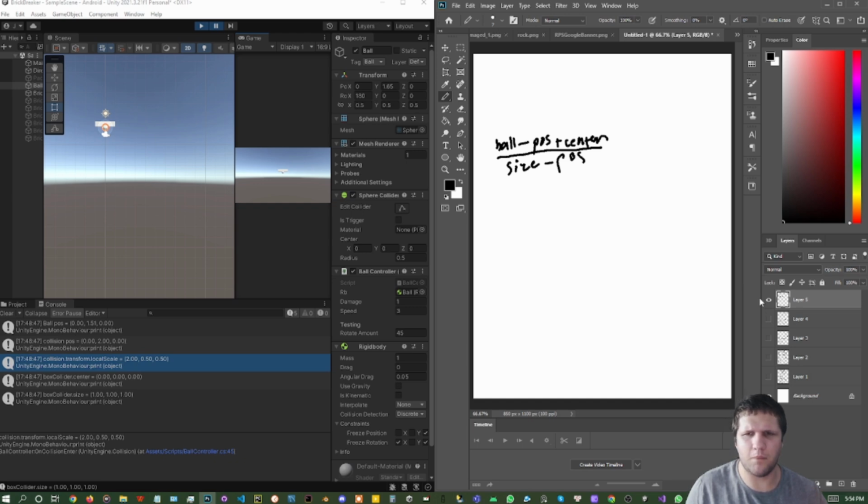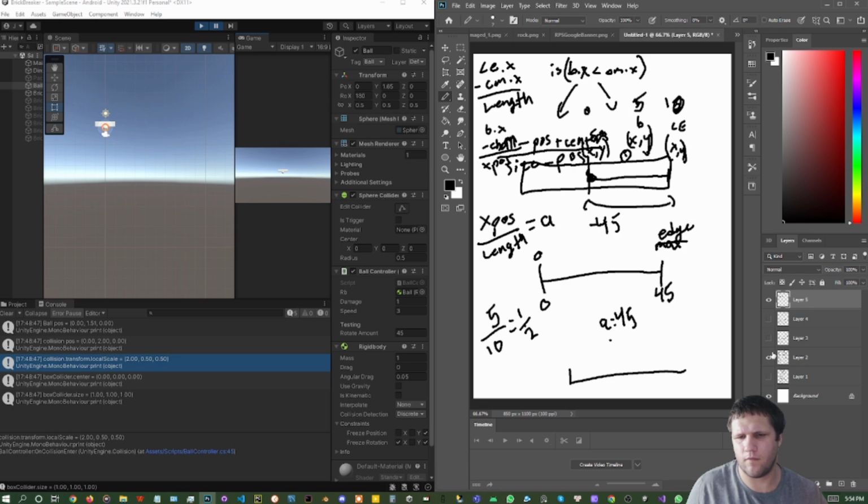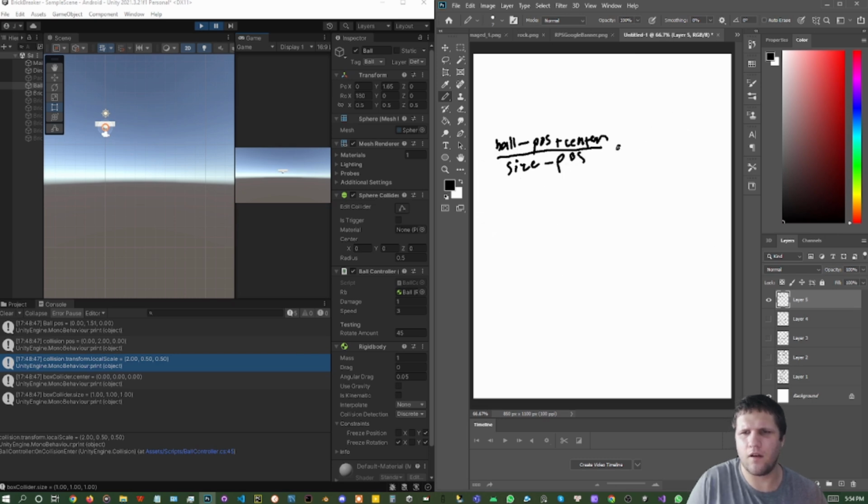Okay, so ball minus position plus center divided by the size minus the position. And we want to multiply that by 45. So times 45. And that should give us the degree of rotation that we want.